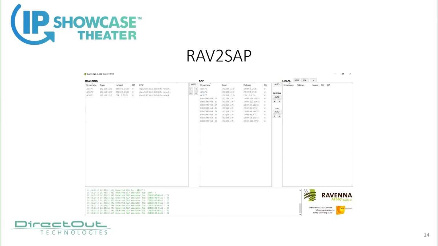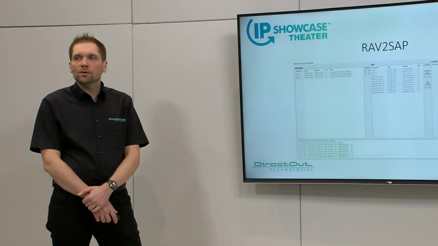So if you need a sub-announcement, you could use a tool from ALC Networks, which is freely available. You can check out ravennanetwork.com for this. You can download it for free, and it can read RTSP announcements on the network and output sub-announcements.